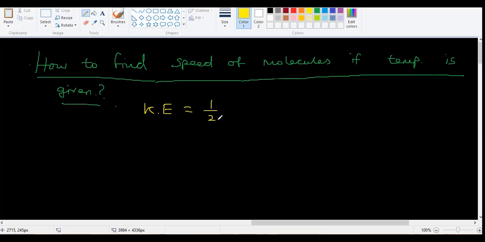Kinetic energy is nothing but half mv square, is equal to 3/2 kBT. So this again, to remind you, m is the mass of one molecule.